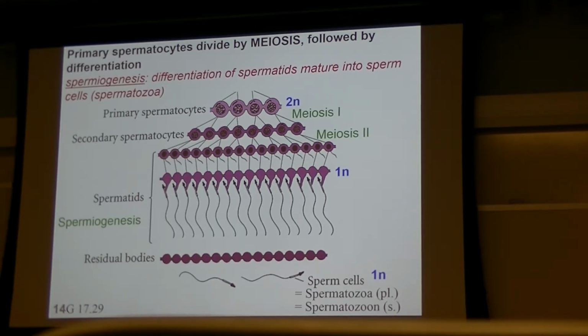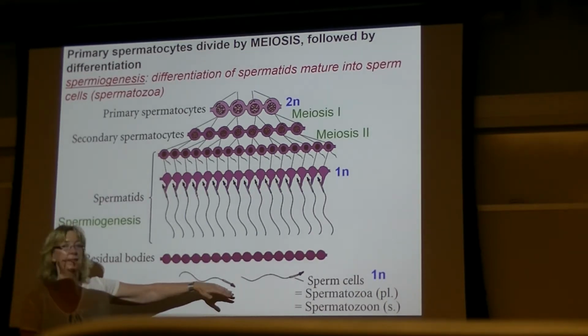Then in meiosis 2, we're going to become haploid, and these cells are now called the spermatids. And at this point, you're going to see some changes in the way that these cells look. So they go from being your basic round cell with cytoplasm and a nucleus to being a highly specialized cell that we know and love as the sperm cells.